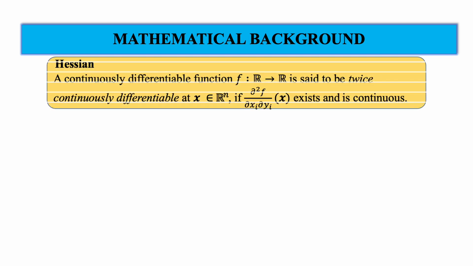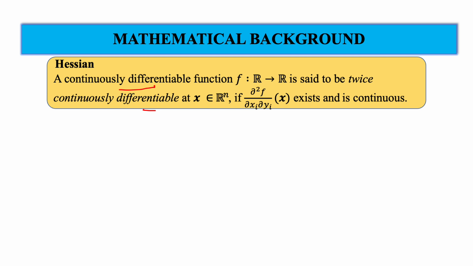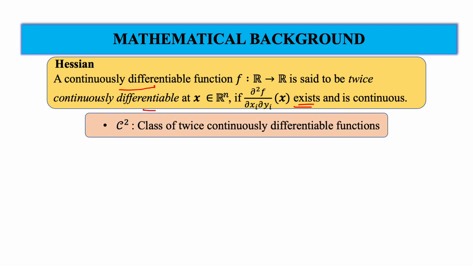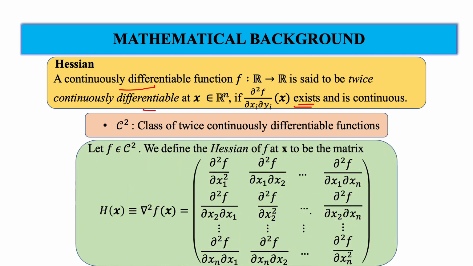We now move to the second order derivative. A function which is continuously differentiable is said to be twice continuously differentiable if the second derivative exists with respect to each pair of x_i and x_j. Let C2 denote the class of twice continuously differentiable functions, and let f belong to C2.